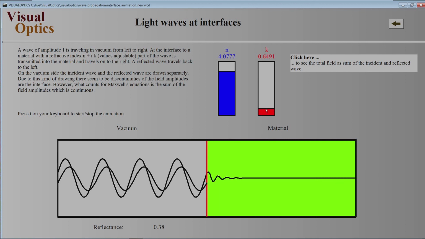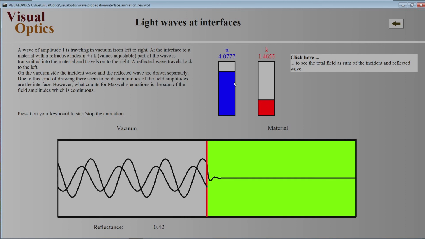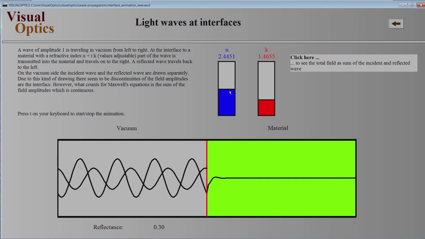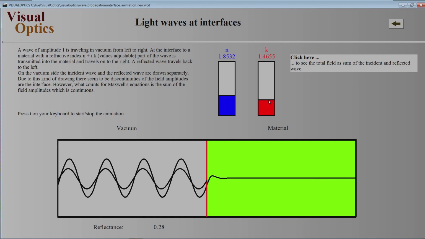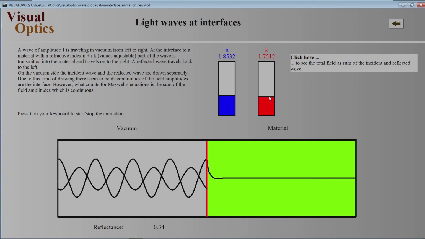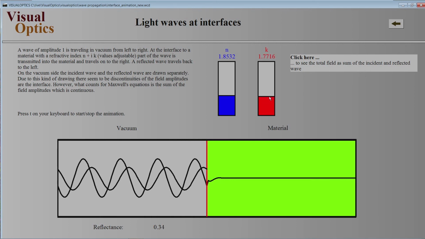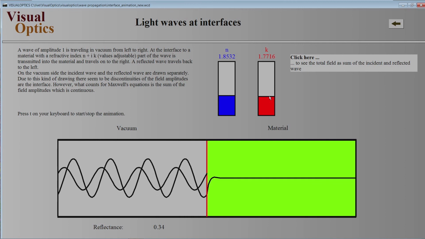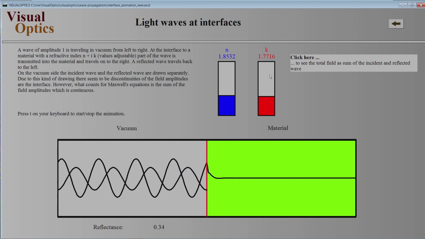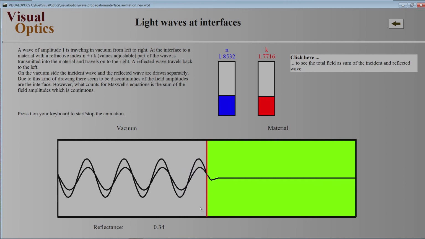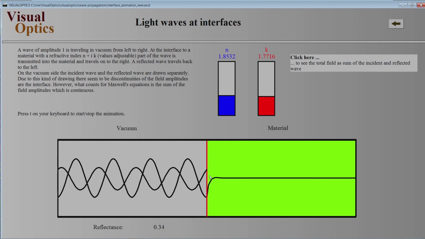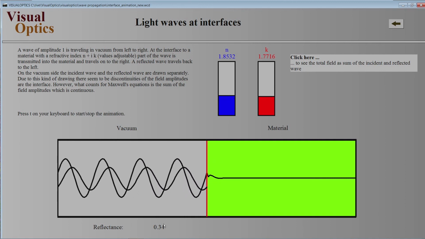If K is in the same order of magnitude as N, let's go to a typical metal. We have discussed that, like chromium or titanium. Then K contributes also to the reflectance. So now the reflectance is 34%.